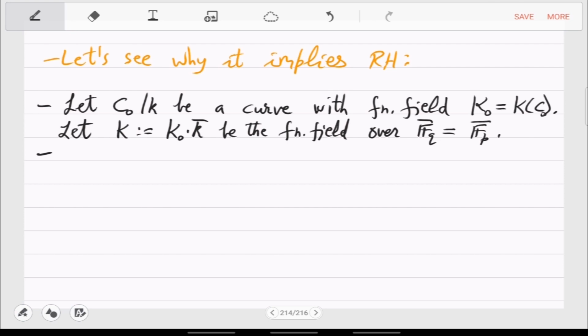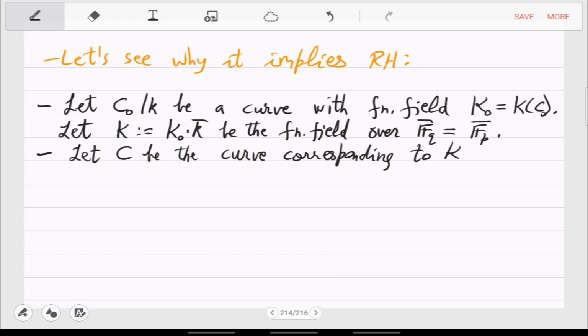Yes, so now let C be the curve corresponding to the field K. So C is essentially C0.